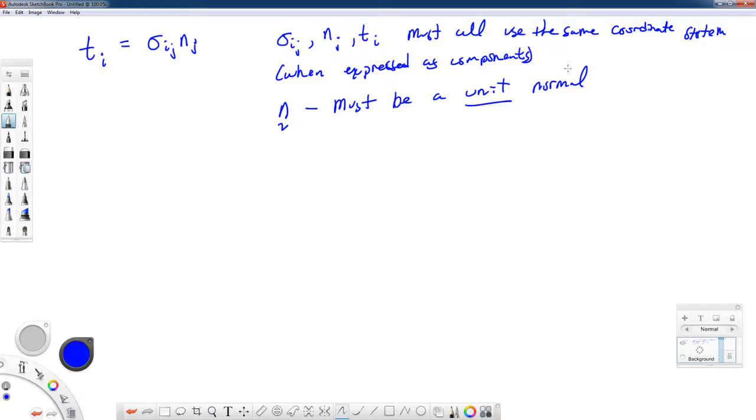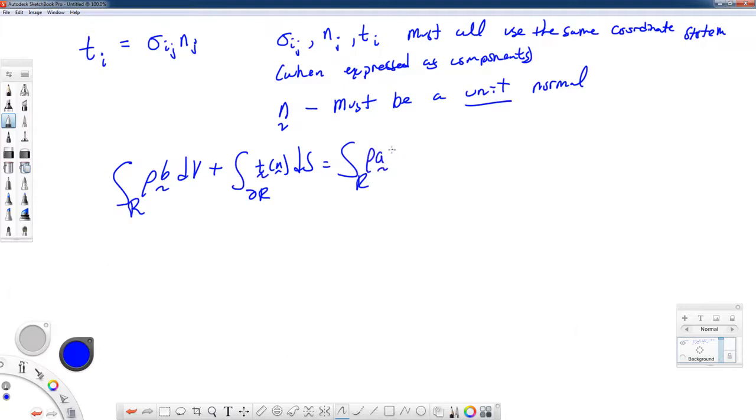Alright, now let's go back. We took our little detour. Let's go back to our equation, conservation of linear momentum. We have our long-range forces, we have our short-range or our contact forces. We have our acceleration field. The body is flying off.